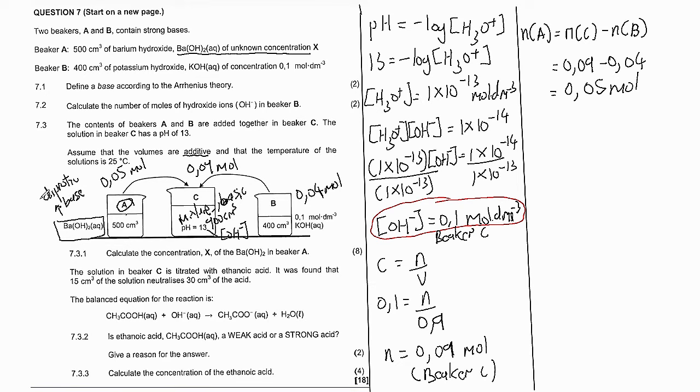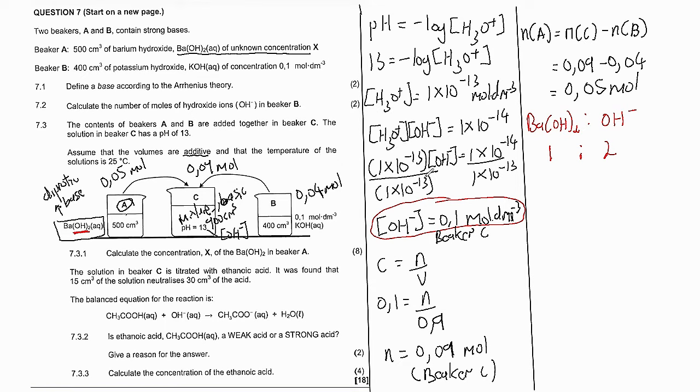How are we able to see that this is a diprotic base? Because it produces 2 hydroxide ions. So we have Ba(OH)2, right? So that means the ratio of the barium hydroxide to the hydroxide ions it produces is 1:2.